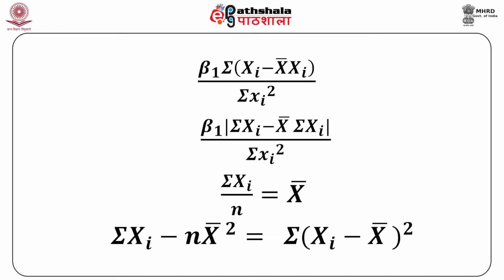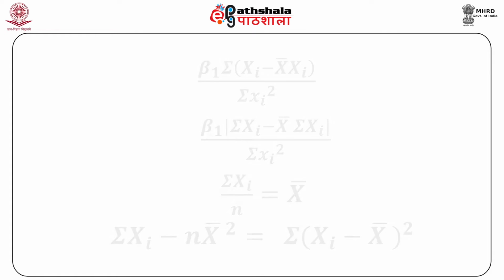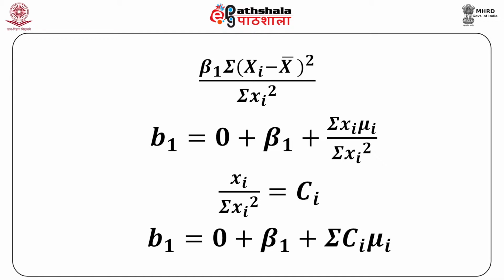Summation xi square minus n x bar square is equal to summation (xi minus x bar) whole square. This expression becomes beta 1 summation (xi minus x bar) square divided by summation xi square, or simply beta 1.